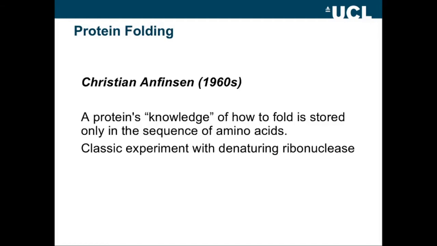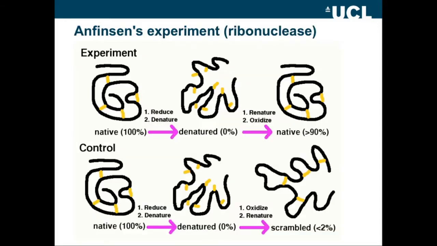Now, this is an experiment that you've probably come across before by Christian Anfinsen in the 1960s, who suggested that a protein's knowledge of how to fold is stored only in the sequence of amino acids. And he performed this classic experiment with denaturing ribonuclease. So in the experiment he took the native ribonuclease protein, and that has 100% activity.